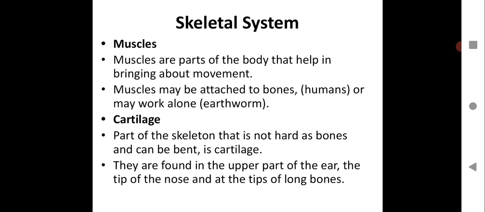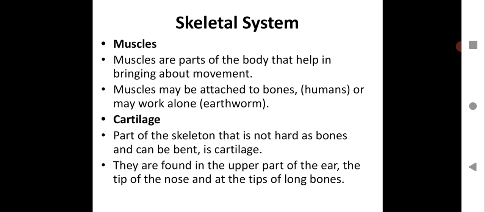Cartilage. What is cartilage? The part of the skeleton that is not as hard as bones and can be bent is cartilage. Here you have a very good example of cartilage. You can understand they are like very soft bone. They are found in the upper part of the ear. You can check your ear. The upper part of the ear is a very soft bone. You can easily bend it. It is also found at the tip of the nose and at the tip of long bones.